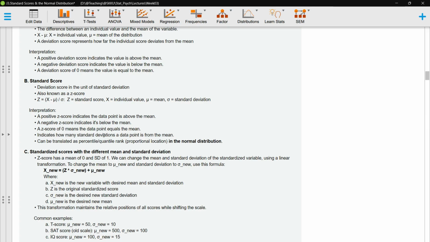We will see those things, okay? But this is only valid when we have a normal distribution, not in other cases, okay?